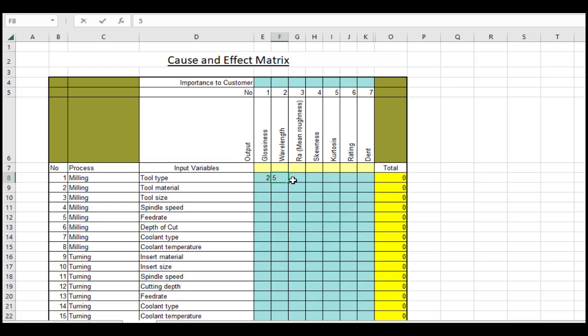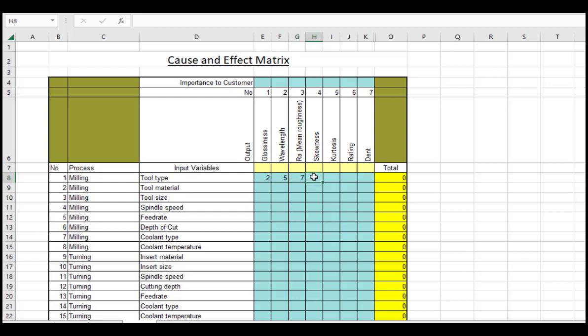Again, in order to give the rating here, we need to do brainstorming, and the involvement of the expert in the particular process or particular service that we studied is very important here. Tool type and roughness, let's say 7.